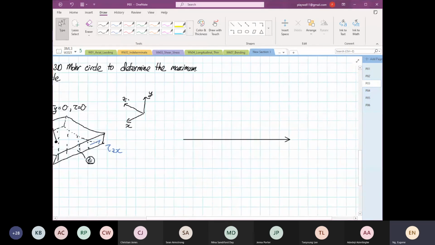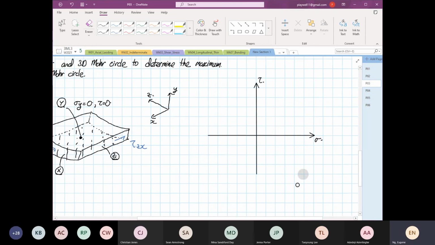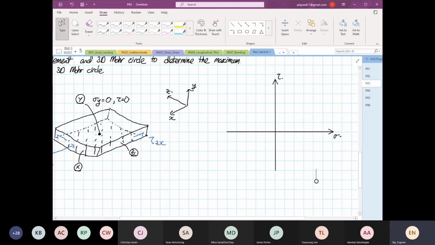This is our normal stress. This is our shearing stress, right? So what we are aware of now, I think I'm going to draw this bigger.